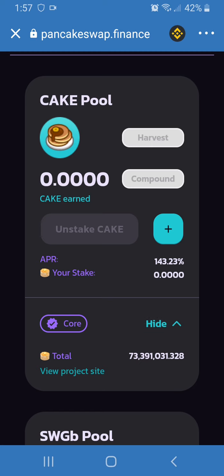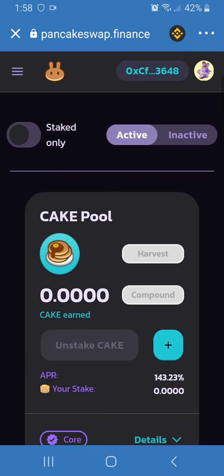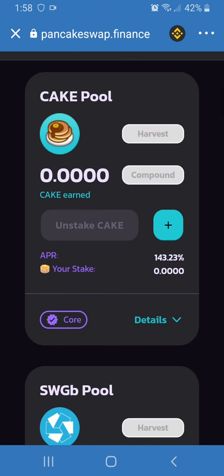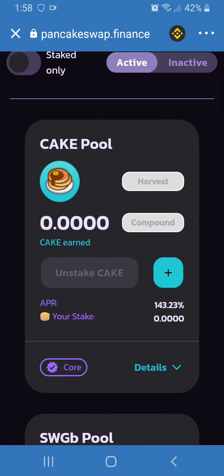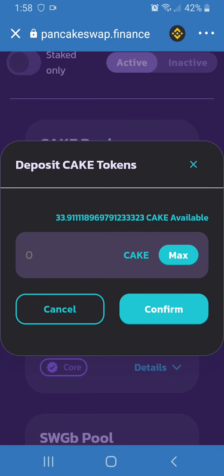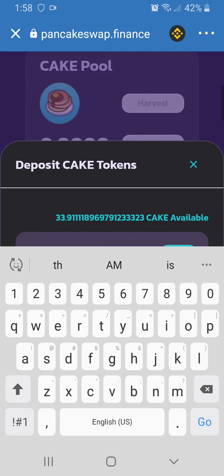I keep looking at the totals. It's been going up. It was 72 million earlier. So people are getting interested. This is cool. All right, cake pool. The cake pool, the syrup pool, is staking cake to gain cake as new cake is created.